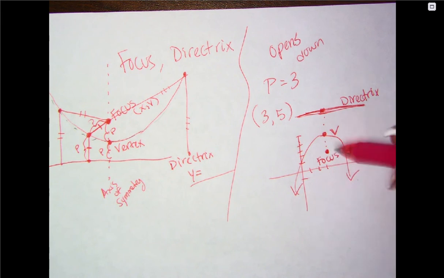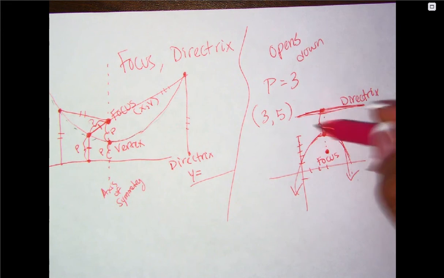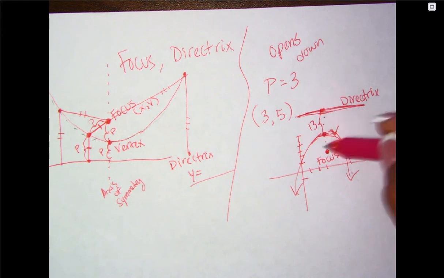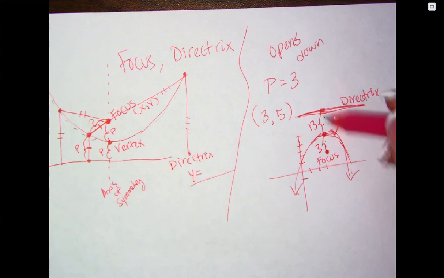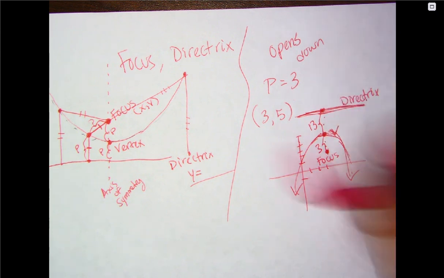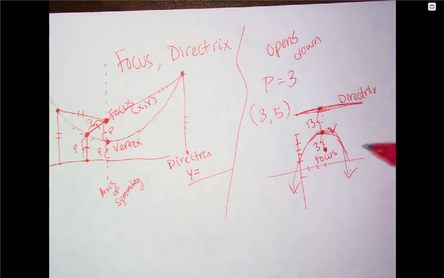The focus will always be inside the parabola, and the directrix will always be on the opposite side of the way it opens. The parabola will never touch the directrix. Keep in mind that the p-value is the distance between the focus and vertex, and between the vertex and directrix.